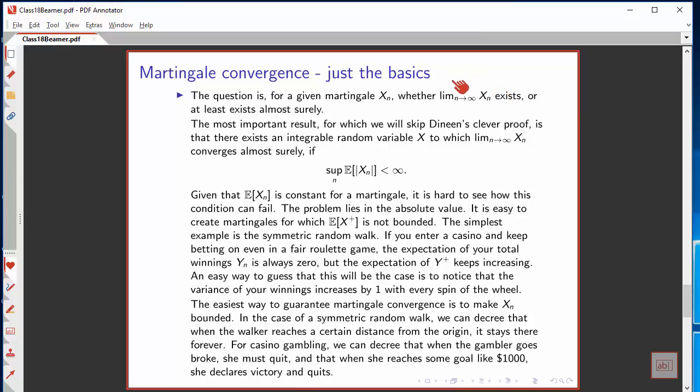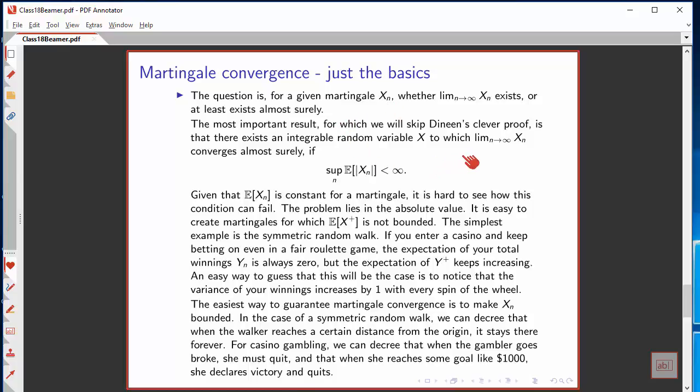Now for a brief overview of a difficult topic. We'll be concerned for martingales, which we will be considering in subsequent weeks, whether the sequence of random variables x sub n has a limit, or at least has a limit with the possible exception of events whose combined probability is 0.